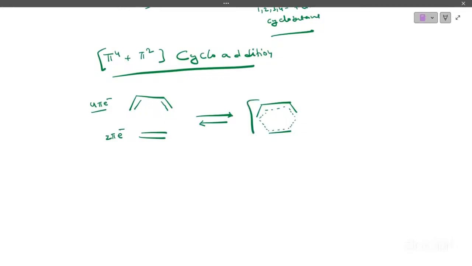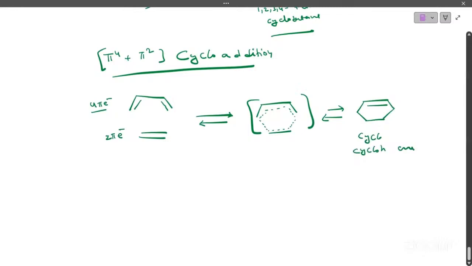This is the transition state. After the formation of two sigma bonds, it leads to the formation of cyclohexene. Cyclohexene is the product.